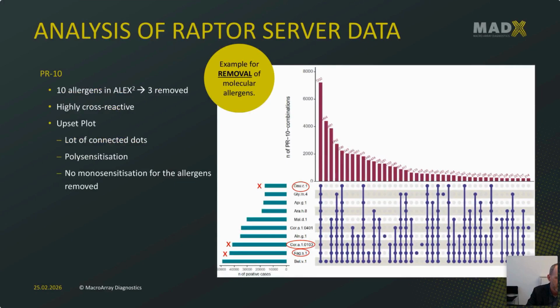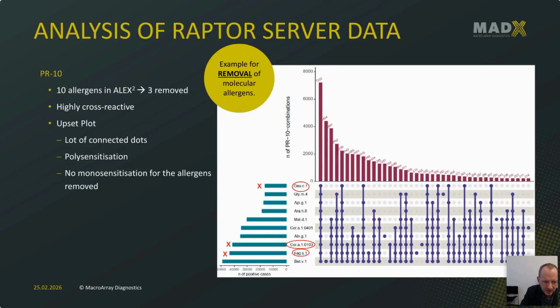If we look at the PR-10s, we'll see that Alex 2 contains a total of 10 PR-10 molecules. And again, looking at the UpSet plot, we'll see that this protein family demonstrates a high level of cross-reactivity. This is indicated here by the large number of interconnected dots. What we also see is that monosensitization to Bet v 1, so birch pollen, was detected in quite a large number of patients.